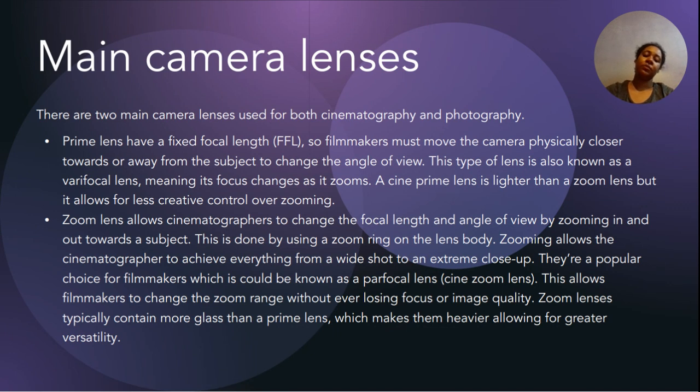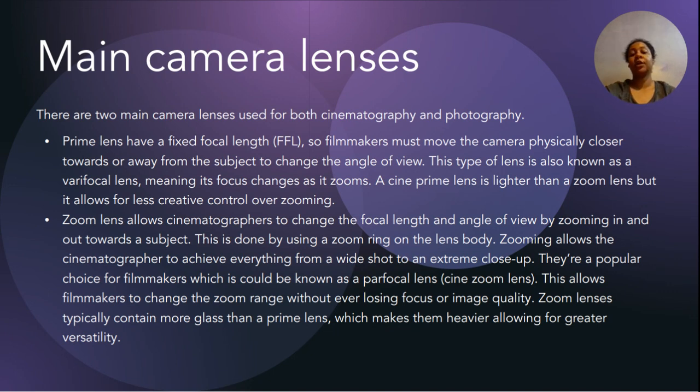The zoom type of lens is also known as a varifocal lens, meaning the focus changes, it zooms. With the prime lens, if you zoom in, there's a limited amount you can do, so you might have to switch lenses depending on which camera you have.